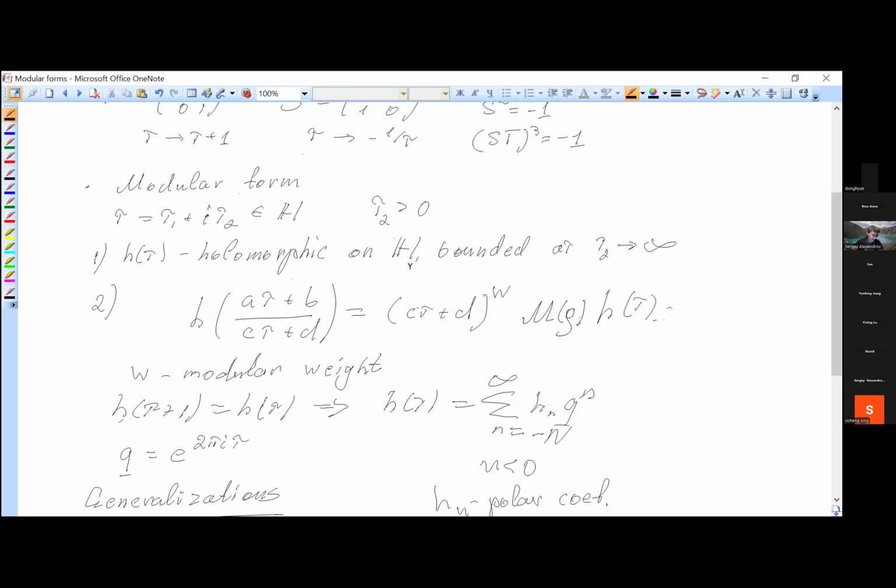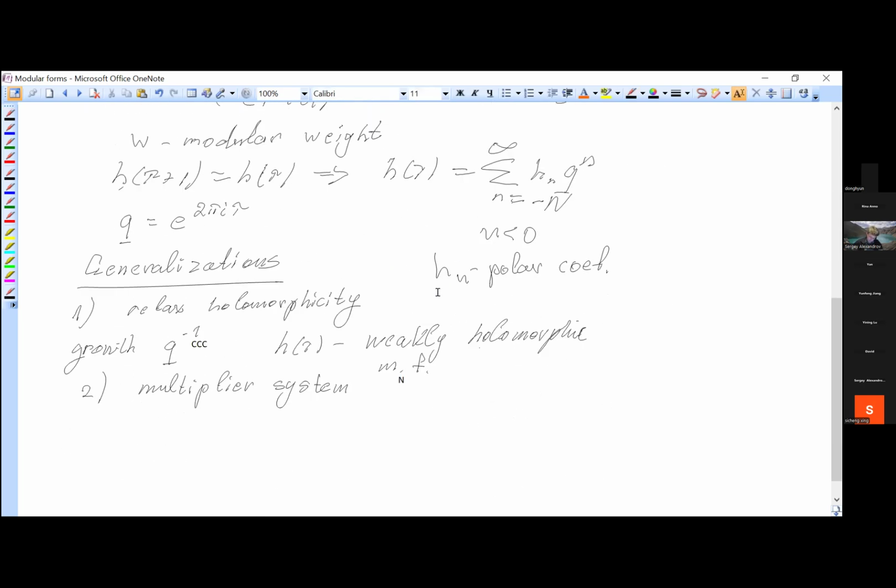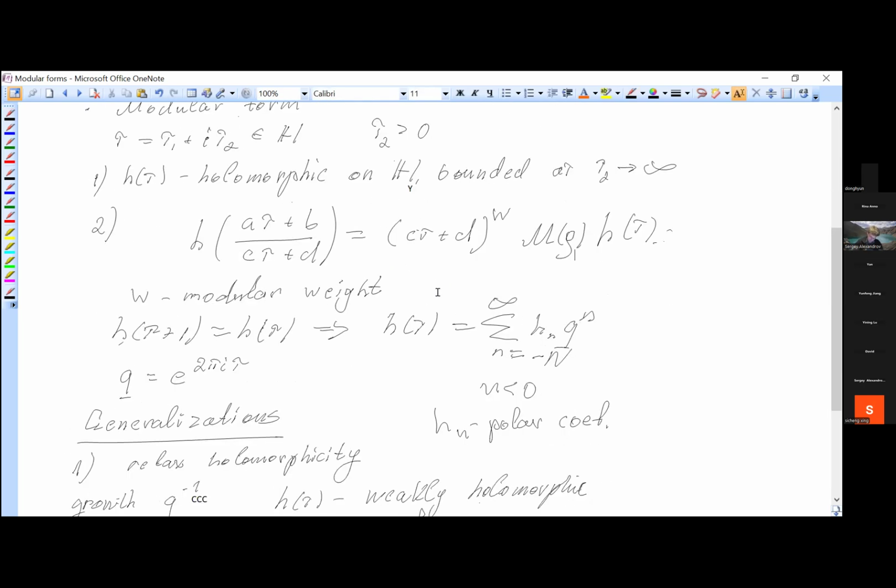Because it allows us to have non-integer powers of q in this Fourier series. In other words, we can sum not from minus n, but from minus n plus alpha, where alpha is some rational number.